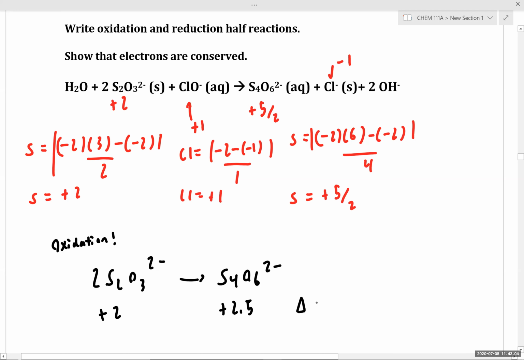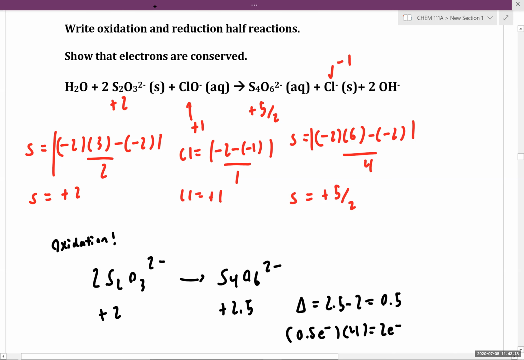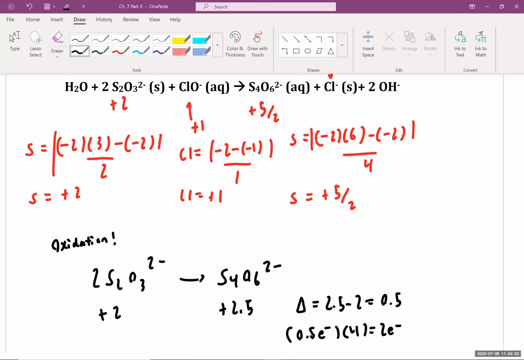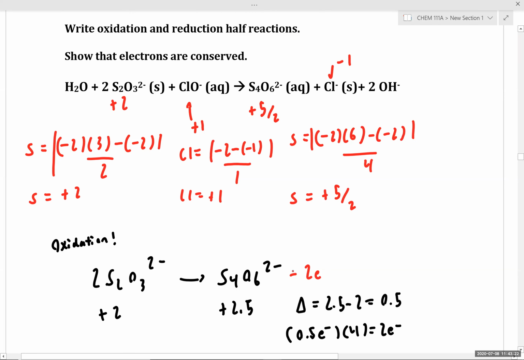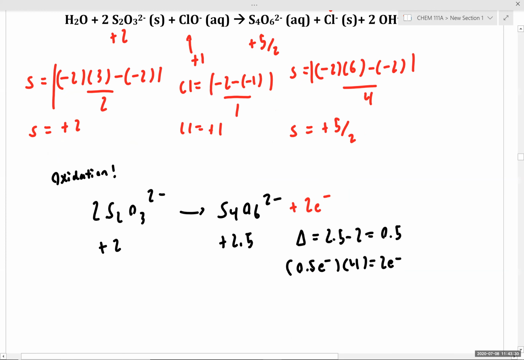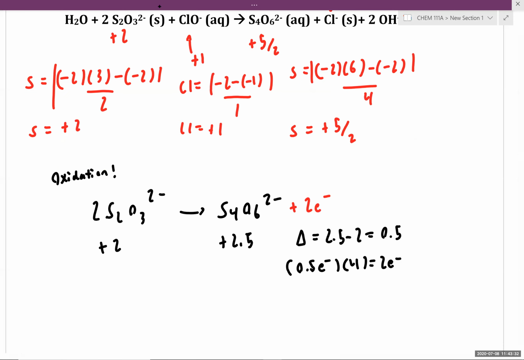So our difference is equal to 2.5 minus 2, which is 0.5. So 0.5 electrons times 4 sulfur atoms gives us 2 electrons lost. And since we're losing electrons, our electrons go on the product side. Does that make sense to everyone?